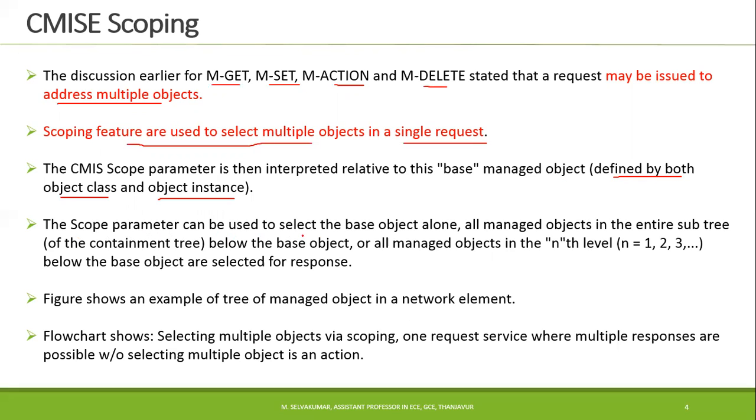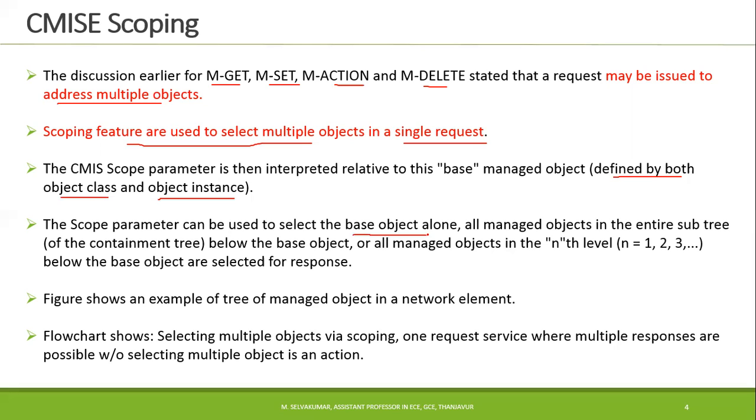These scope parameters can be used to select the base object only. As I already stated, if I want the information of a single student or multiple students in a class, the scope parameter is used to select the base object, that is, the base object equal to third year students.